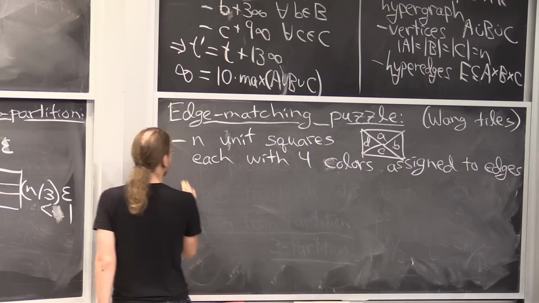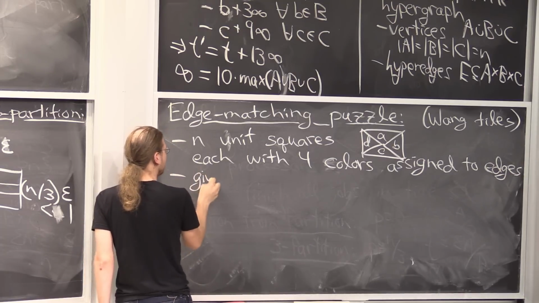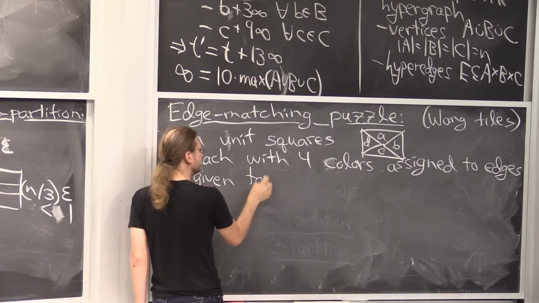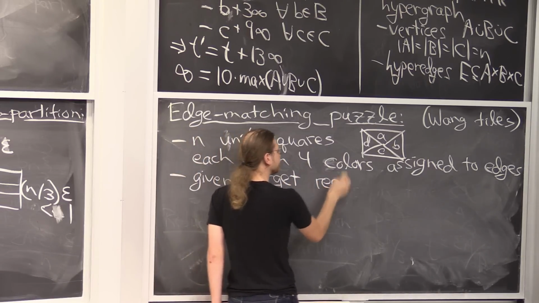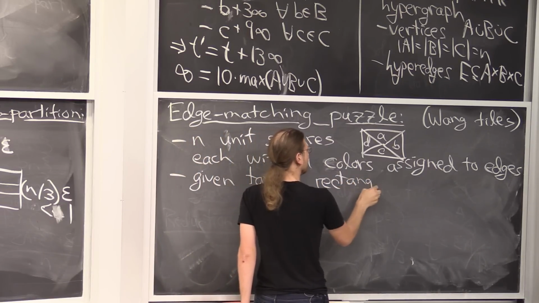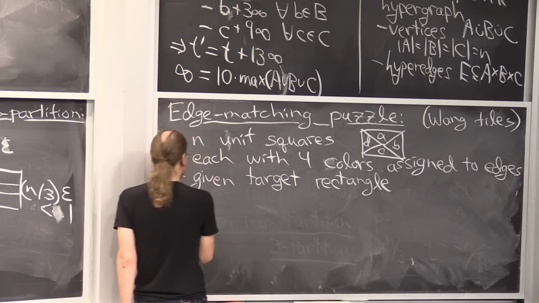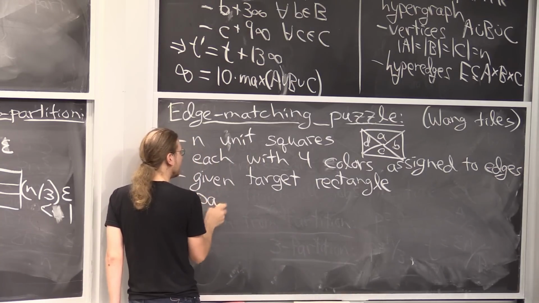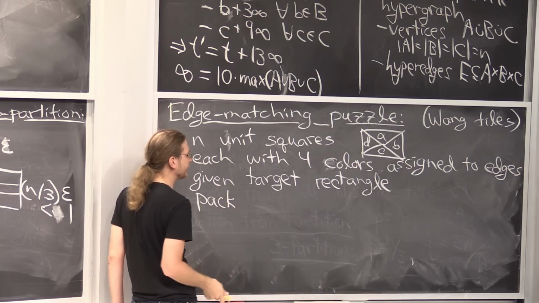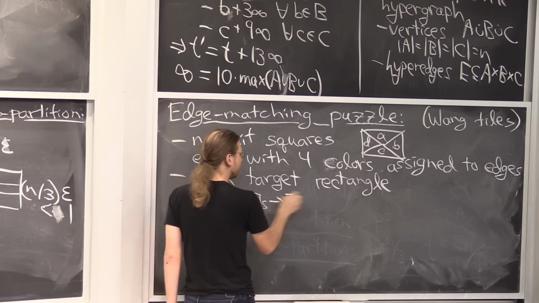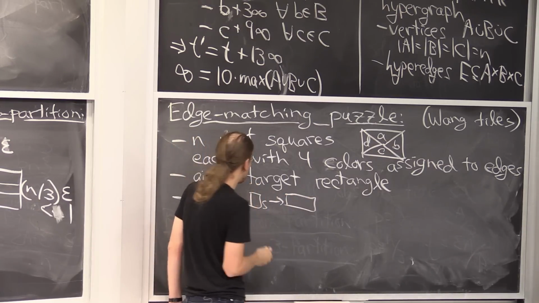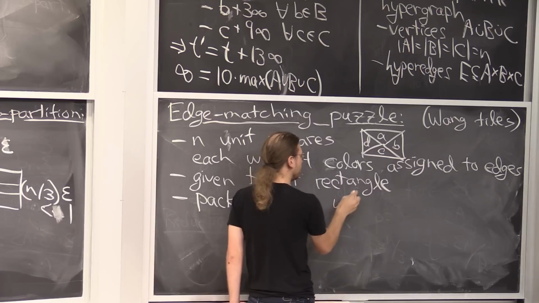And you're also given a target rectangle. It's going to be integer because these are unit squares. And you want to pack, probably exactly pack, there's not going to be any gaps, the squares into the rectangle with colors matching.